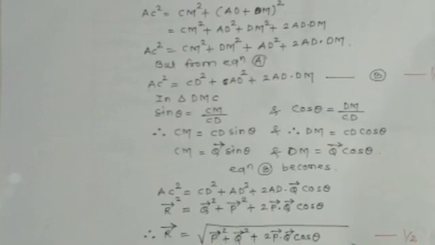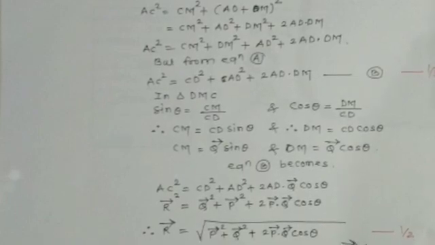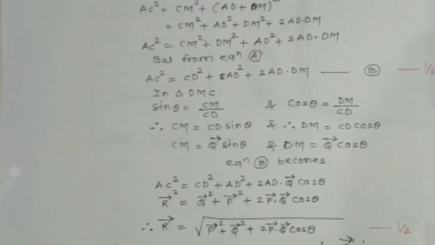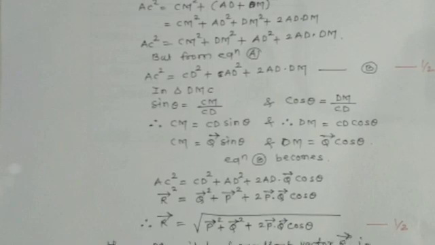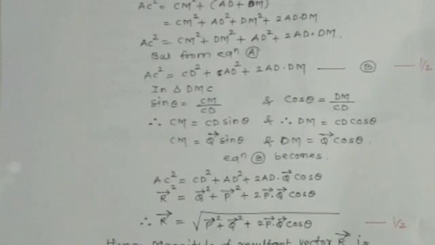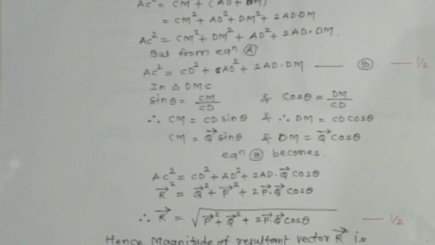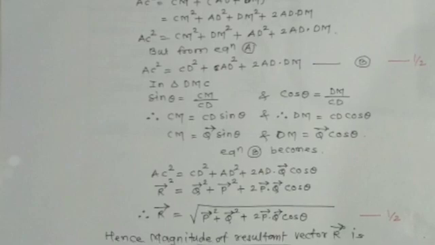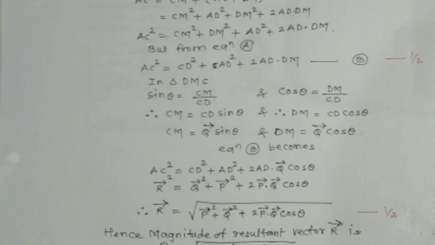Put the value of DM in the above equation. So AC square equal to CD square plus AD square plus 2AD into vector Q cos theta. By substituting the values, vector R square is equal to vector Q square plus vector P square plus 2 vector P dot vector Q cos theta.